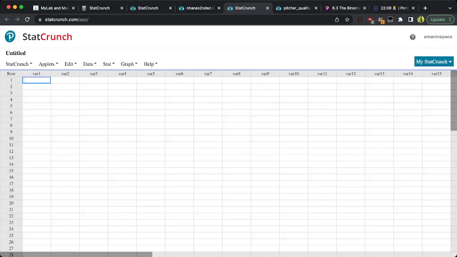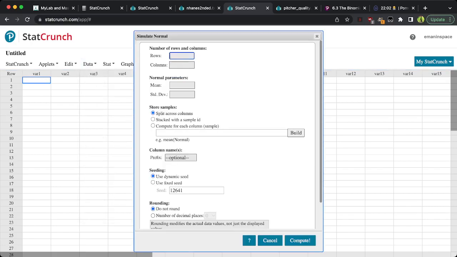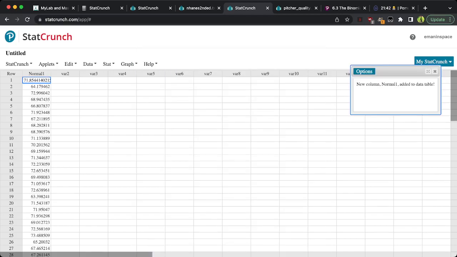And what you can do is go Data, Simulate, and you can see right here it says Normal. Let's say we're going to make 100 heights. So we're going to put 100 rows, one column. And let's say the average is 69, and we're going to use a standard deviation of 3. So there's my 100 heights with that standard deviation.